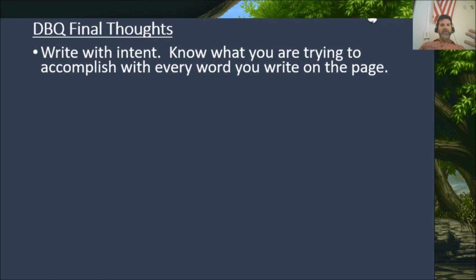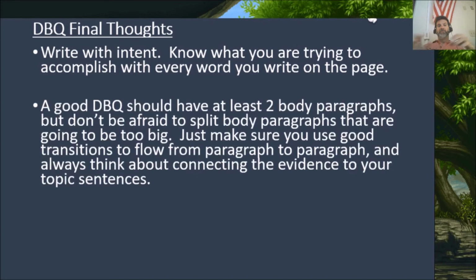So, you should have at least 2 body paragraphs. But if one of those body paragraphs is going to become really, really big, if it's going to have 5 documents and a discussion of the evidence from them, don't be afraid to split that up too. You can have as many body paragraphs as you want. Just make sure that you use good transitions to flow from paragraph to paragraph, and always think about connecting the evidence to your topic sentences.